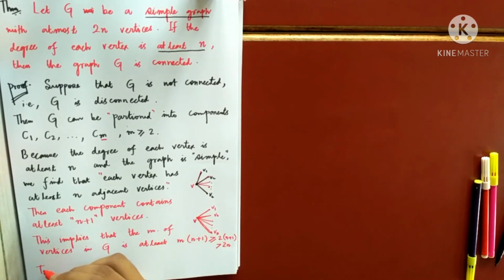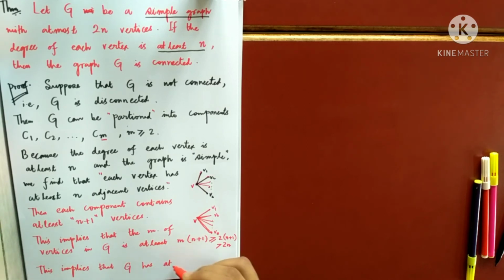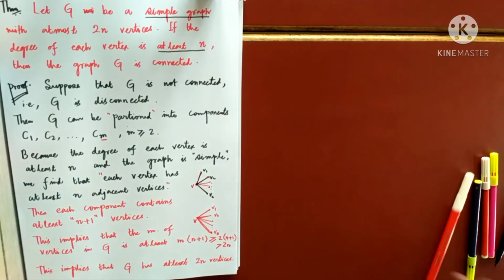So this implies that G has at least 2n vertices. So my graph G has got at least 2n vertices.